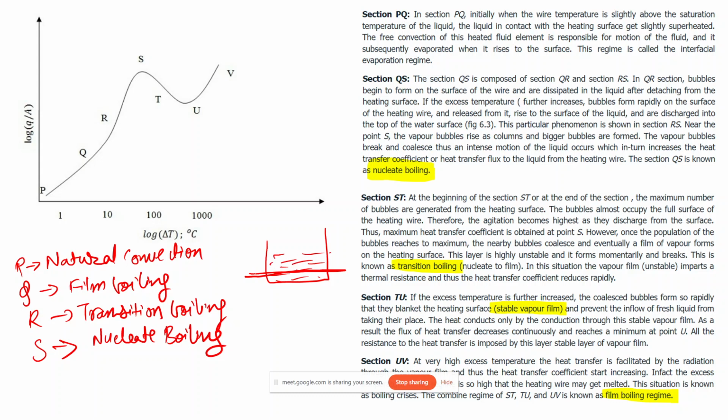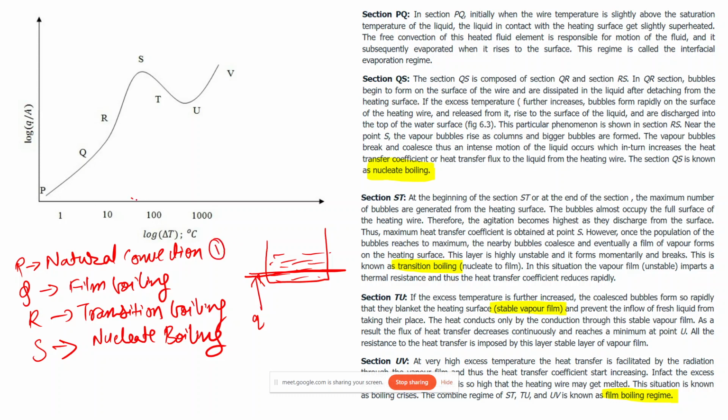With the help of this wire we provide heat to the fluid, through which boiling occurs within the fluid. Initially, at the onset of heating, heat transfer occurs due to natural convection. That is, there won't be any effect of this temperature rise. So the first step will always be natural convection.